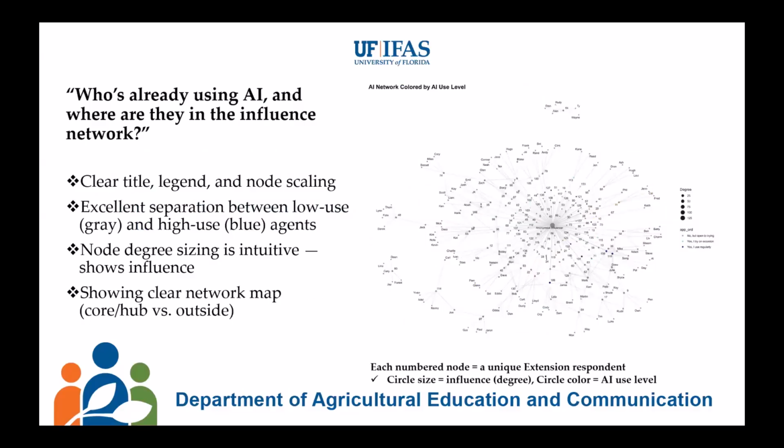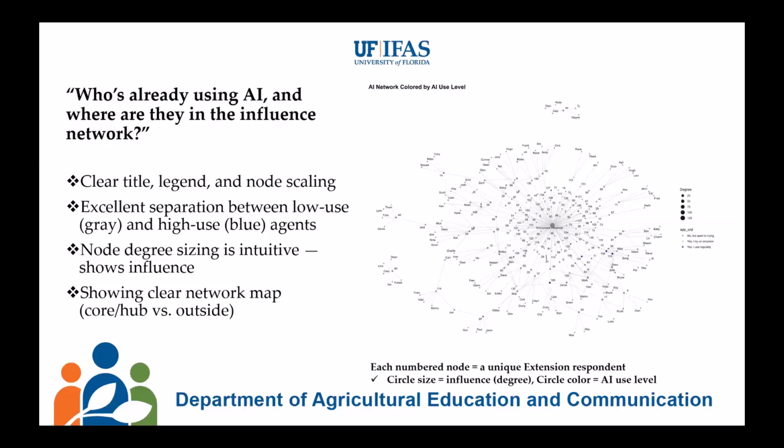The other thing is, who's ready to use AI? You'll see a small social network map. We made all the influencers into names, asking for up to 5 influencers per participant, and we also made all the participants into IDs.